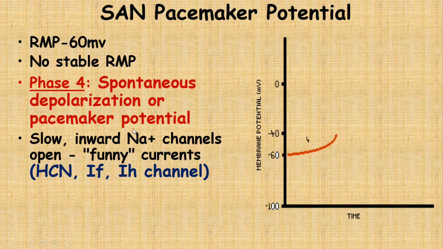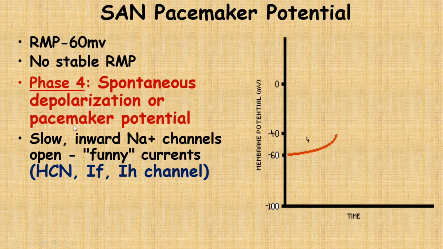This is nothing but the slow sodium channel. Usually the sodium channel opens on depolarization, when the inside of the membrane becomes positive. Here the sodium channel opens on hyperpolarization, when the membrane potential becomes more negative. This is a little bit strange, so it is called the funny channel.